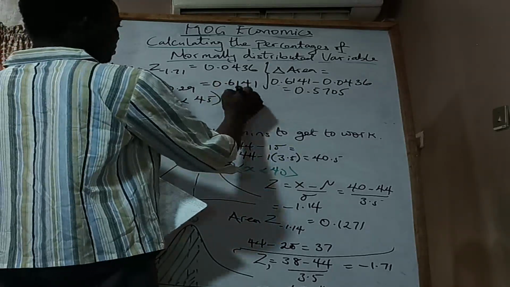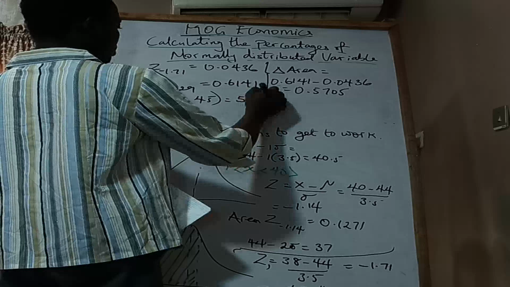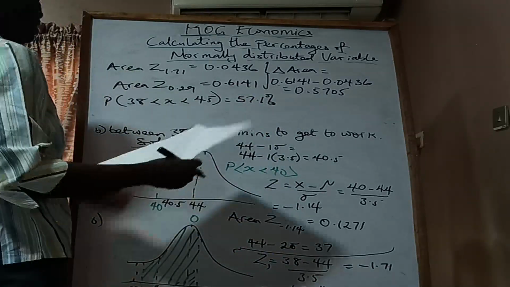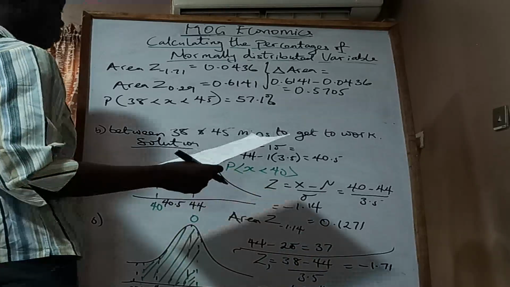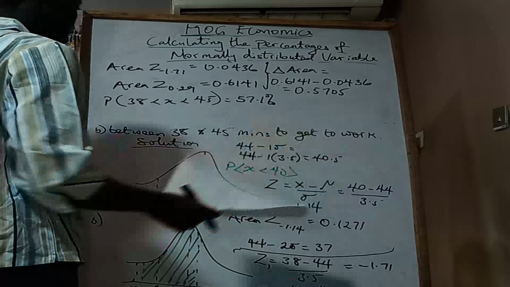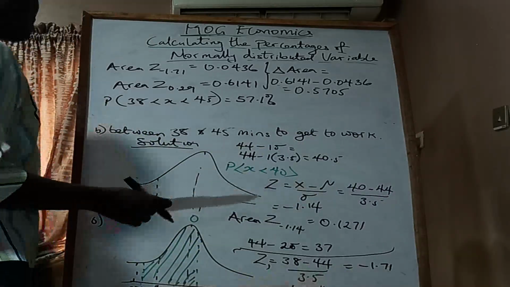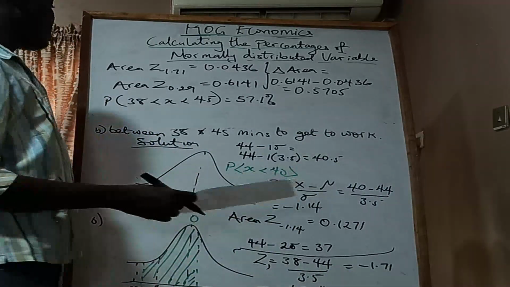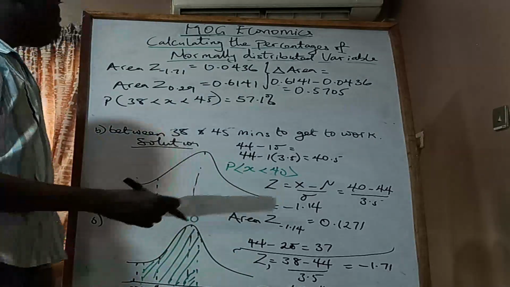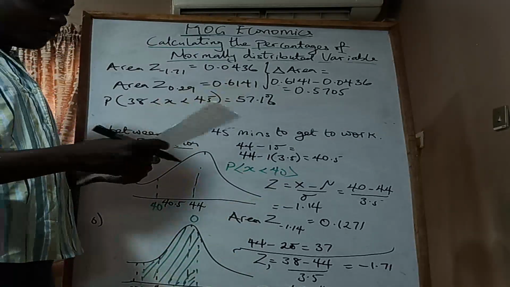That equals 57.1%. So the probability of spending between 38 to 45 minutes to get to work is 57.1%. So does that correspond with what I have here? Yeah, so that's it.